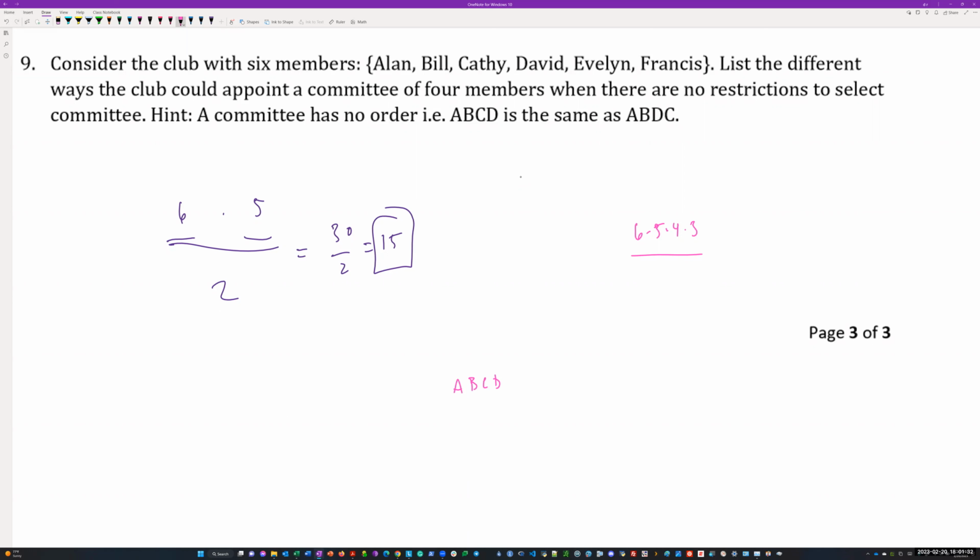Does that make sense? So I'm letting there be A, B, C, D, A, B, D, C, A, C, B, D, A, C, D, B, whatever, all these. Does that make sense? Do you understand? But now all of these end up really just being one way, or one group. So I need to divide them out because this is way too big for the answer. Does that make sense?